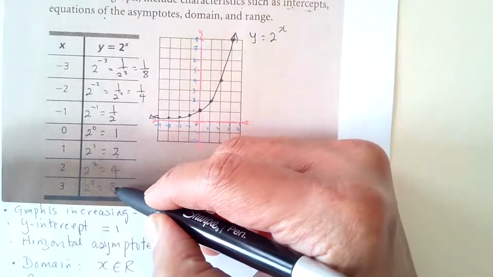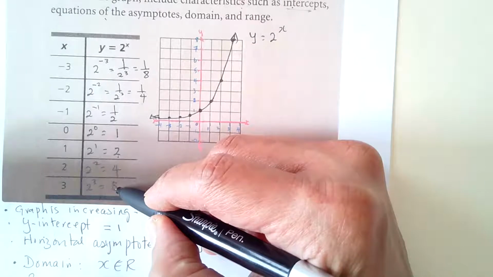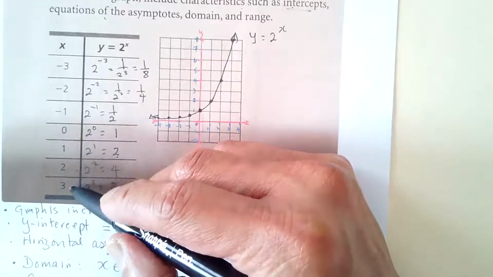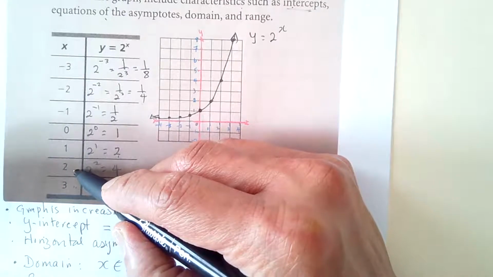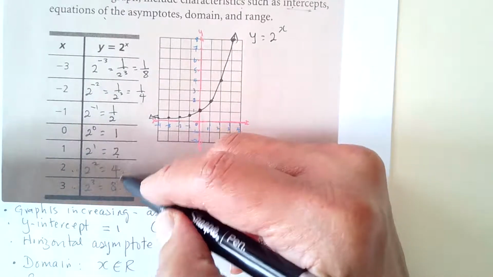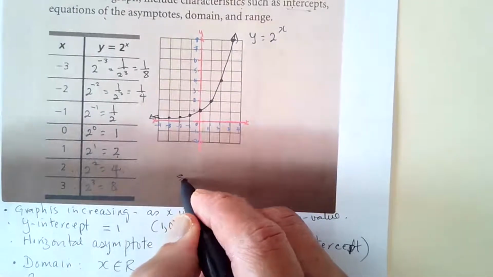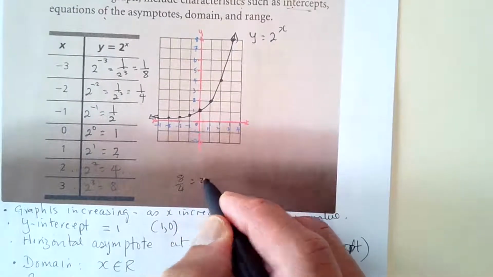So if you go from 8, where x is 3 and x is 2, 8 divided by 4 is 2.